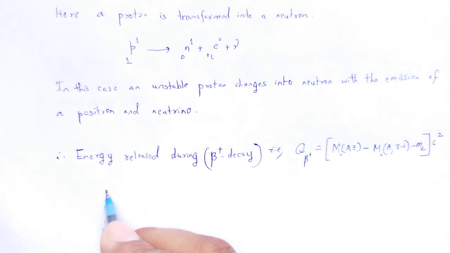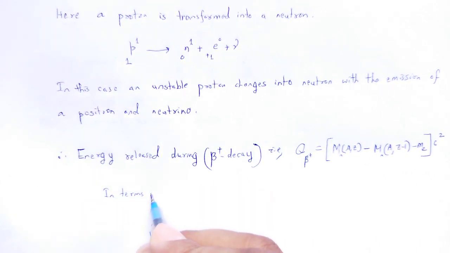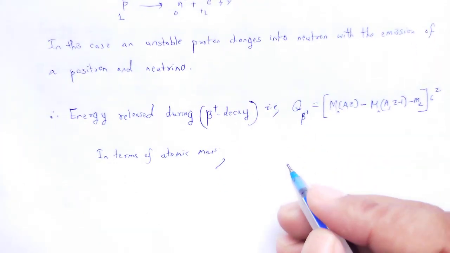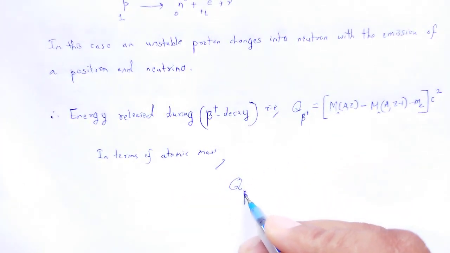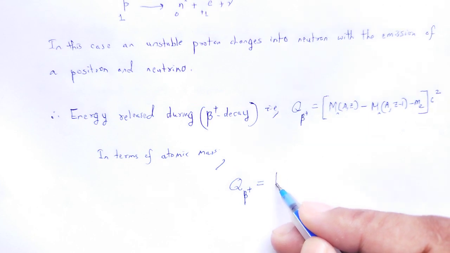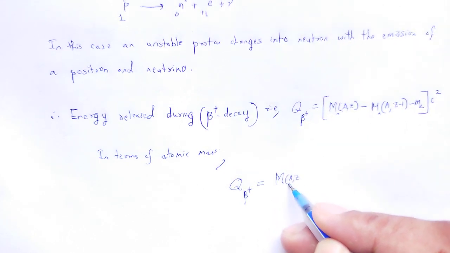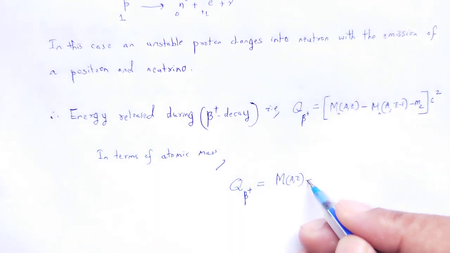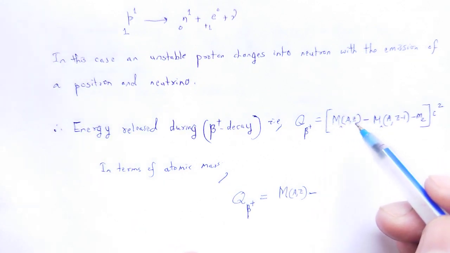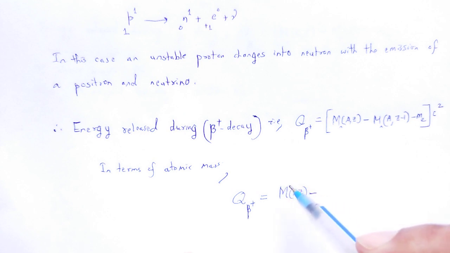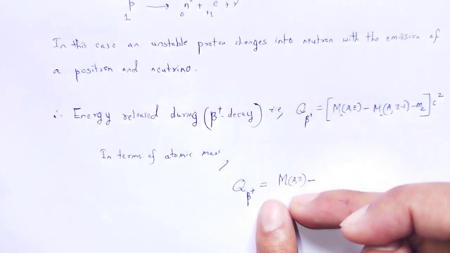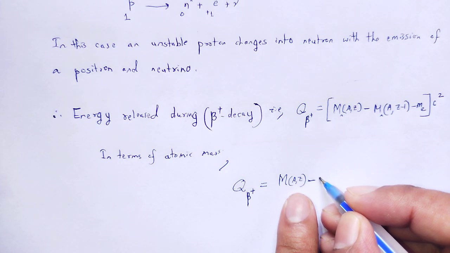In terms of atomic mass, the energy released during beta plus decay: we write M A Z minus, so the mass of an atom is the mass of the nucleus plus the mass of electrons present in the parent nucleus. The mass of the atom minus Z times the mass of the electron, where Z is the atomic number.